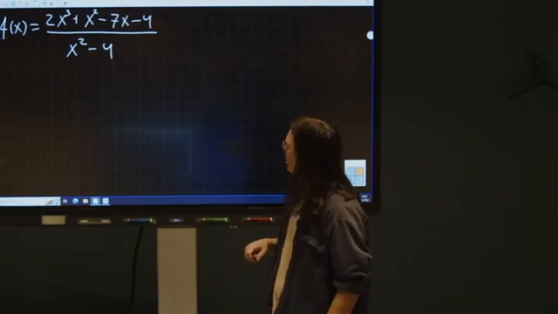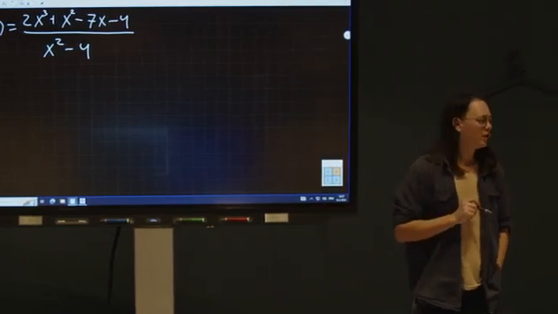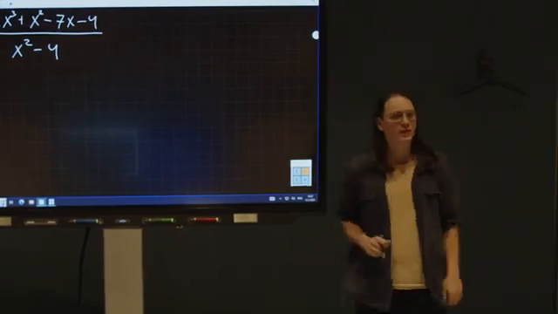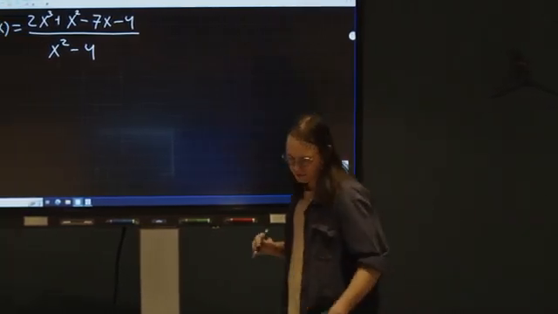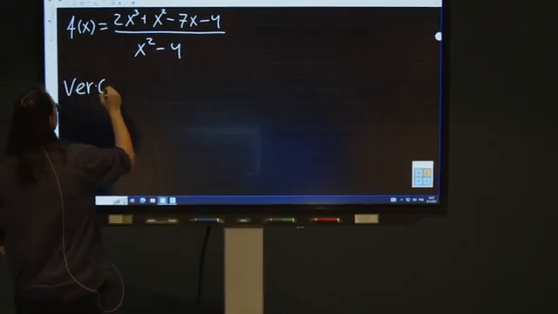And then the first thing I'm going to do is I'm going to say, okay, are there some vertical asymptotes that I can draw into my picture? Because then I can start with those lines, I'll have a nice framework for the rest of the picture. So that's the first thing I'm going to have a look at. Are there any vertical asymptotes?